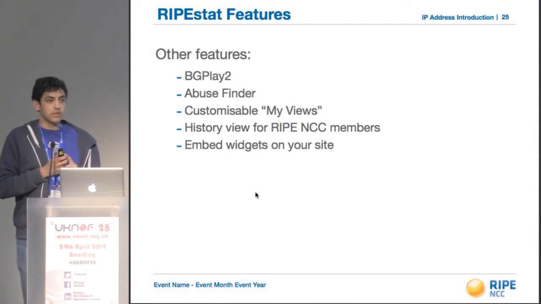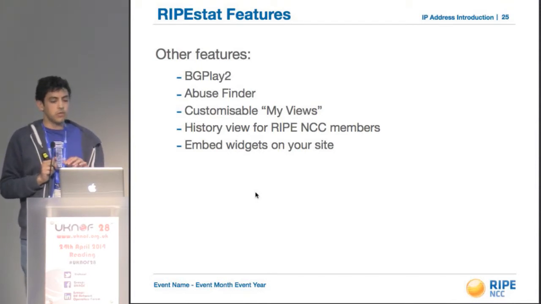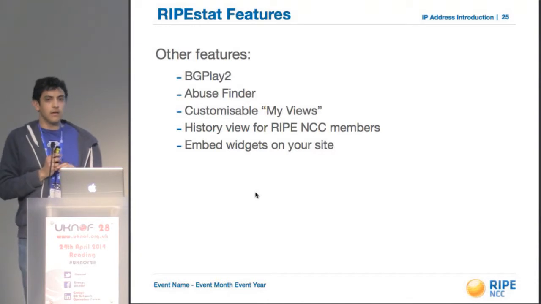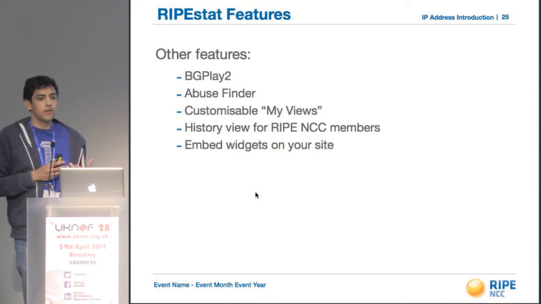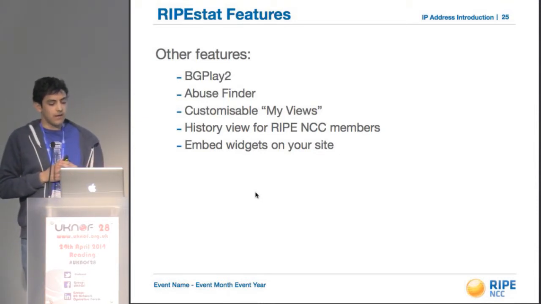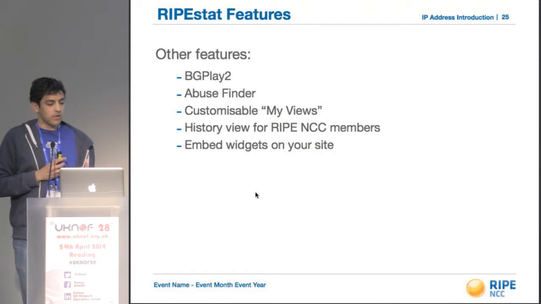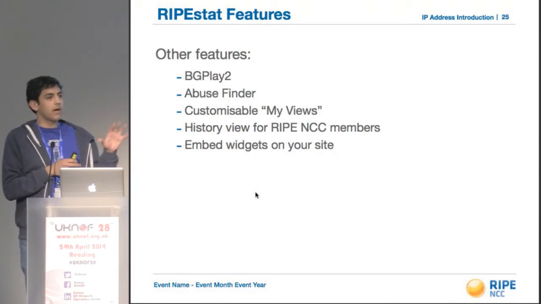There's an abuse finder, which is actually one of the most widely used things on RIPEstat, because if you search RIPE region abuse, you probably will end up at RIPEstat, and that just tells you who you should contact, how sure we are that you should contact them. Yeah, and it allows people to find the right person, hopefully. And you can kind of customize things as you want. You can arrange your own views so that you can set up the panel as you like it.